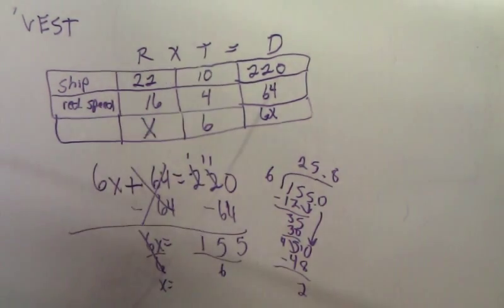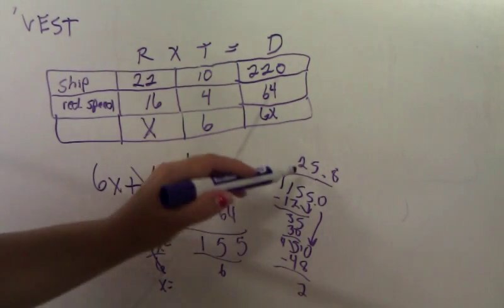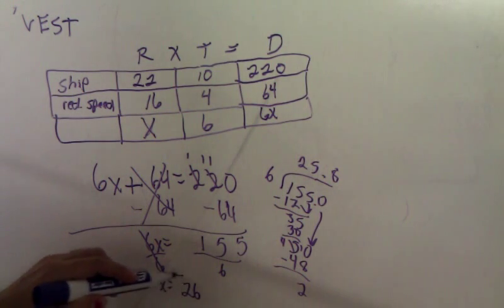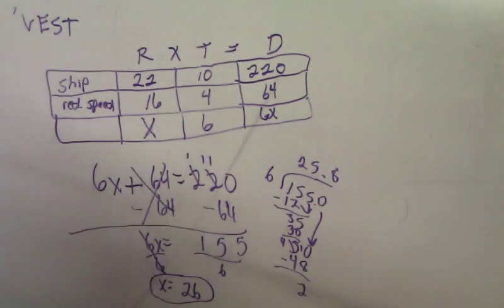Okay, 25.8. So I'm going to round this to 26. Okay. So the ship's speed should be 26 miles per hour. Okay. Did you use your distance formula? Okay. Go to number 9.